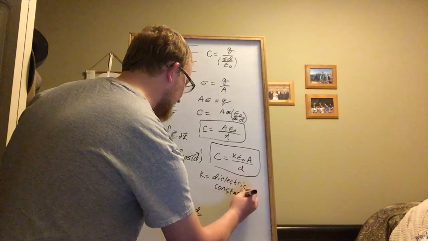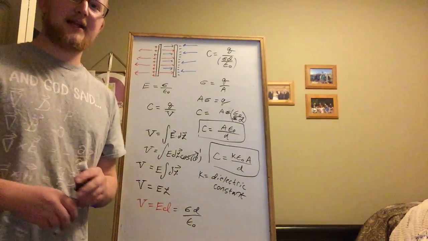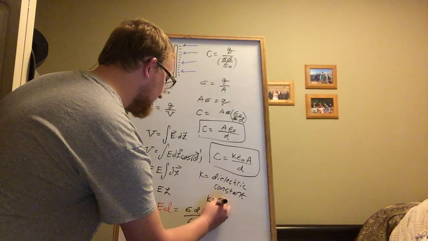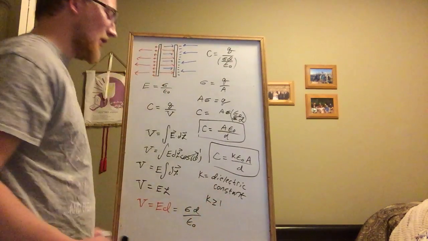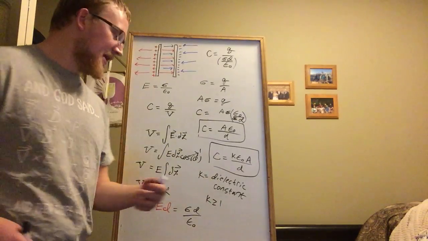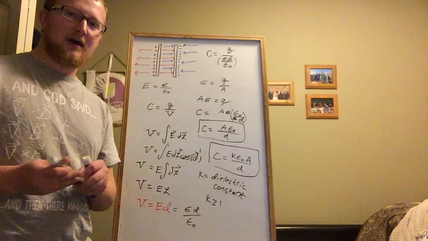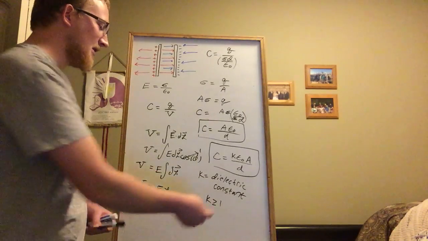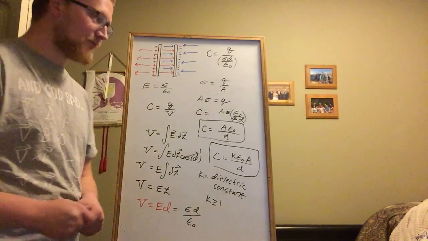For different materials, you'll have a different dielectric constant. K will always be greater than or equal to 1. For example, in free space, K is equal to 1, whereas for different forms of plastics or materials, you're going to have a K that's larger than 1.